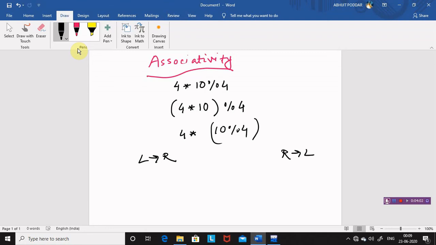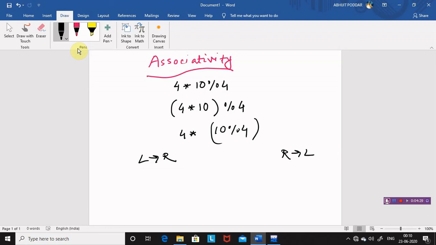That means if the bunch of operators having the same precedence have left to right associativity, then the operator lying on the left would be evaluated first. I mean the operation involving the operator lying to the left would be evaluated first, and so forth.